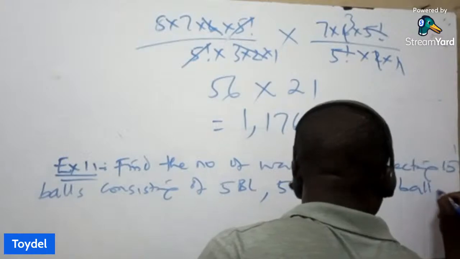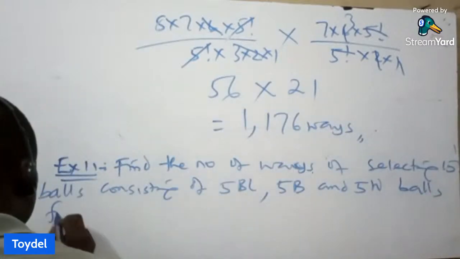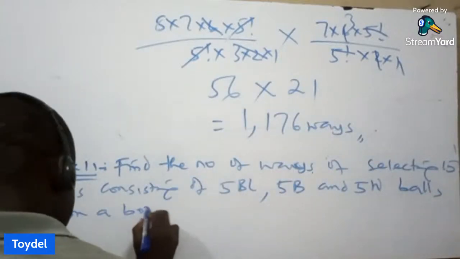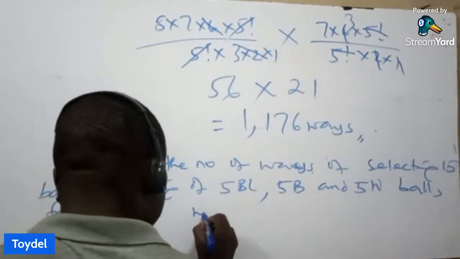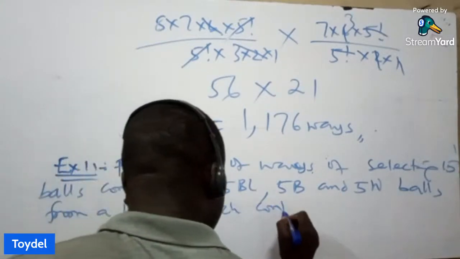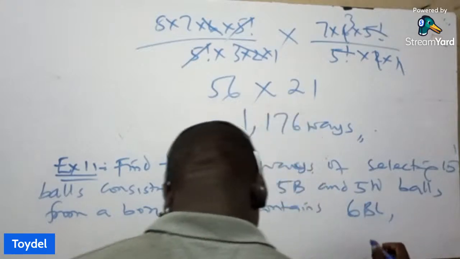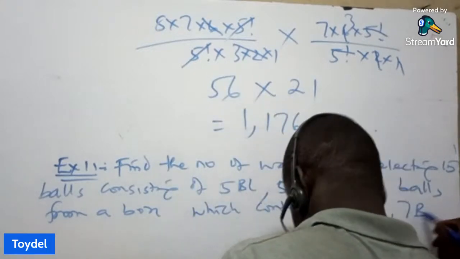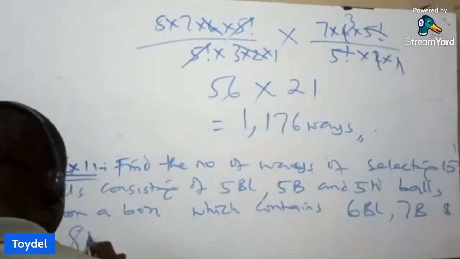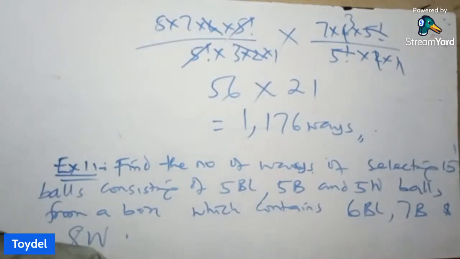5 white balls from a box which contains 6 black, 7 blue, and 8 white. That's what we have.